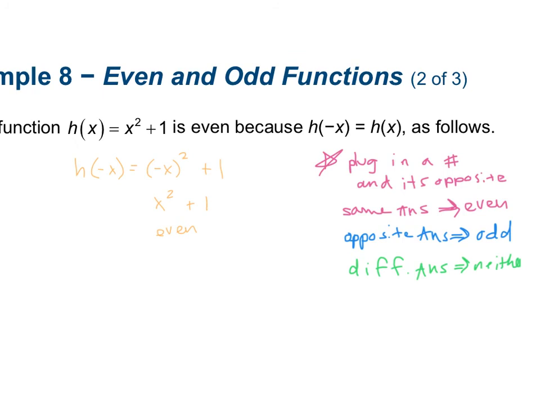So for this one, if we tried it using this method where we plug in a number and its opposite, we can plug in any number. So let's plug in 2 and −2. We're going to plug in h(2) and h(−2).